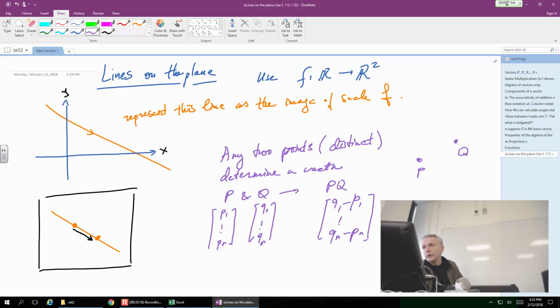Draw a vector from P to Q. Direction matters, right? List the coordinates for P, the coordinates for Q, subtract coordinate-wise, and you have the components of your vector PQ.